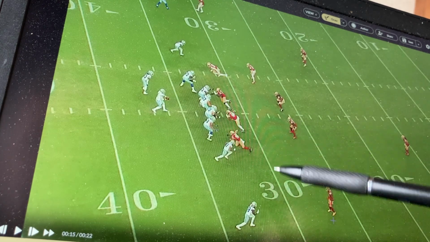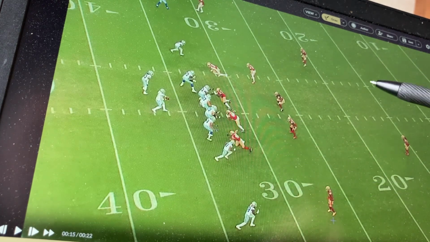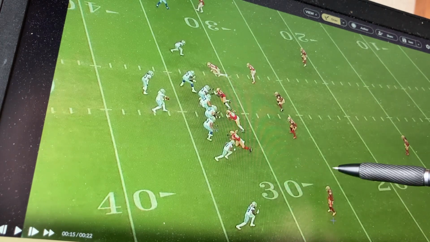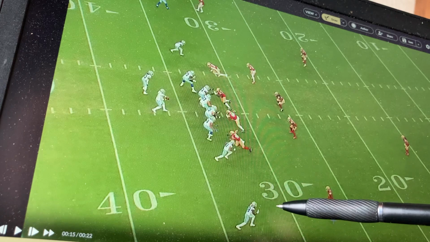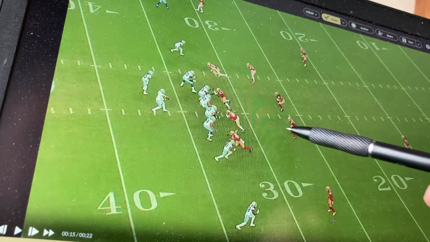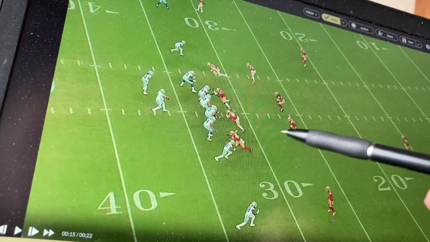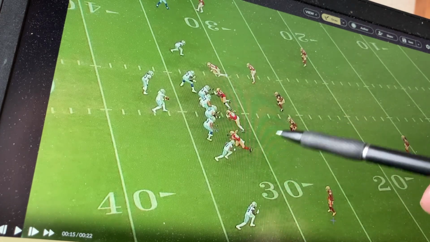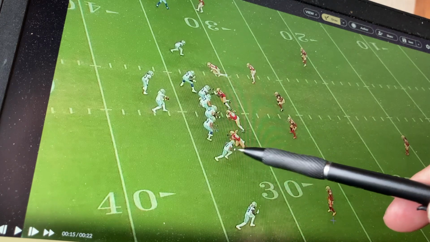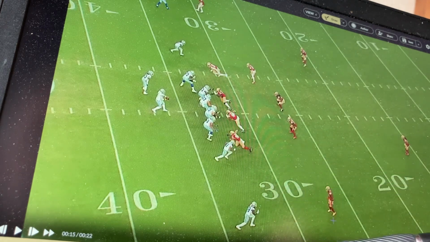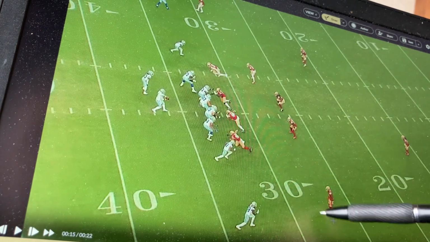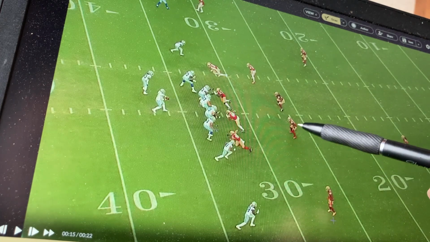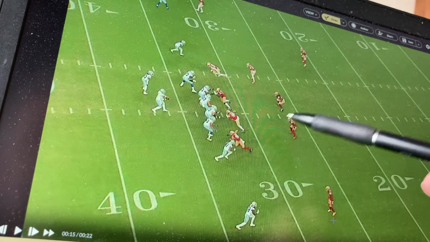But if both of these guys are running their routes at the same depth, it's impossible to be on time to the outside throw unless you're just guessing ahead of time, because you can't get a read off of the inside linebacker unless this guy makes him do something. And so if he's going to push up 5 yards and he's going to push up 5 yards and you've got to throw it as this guy's breaking out of his 5-yard slant, how do you get a read off of this guy until this guy breaks?